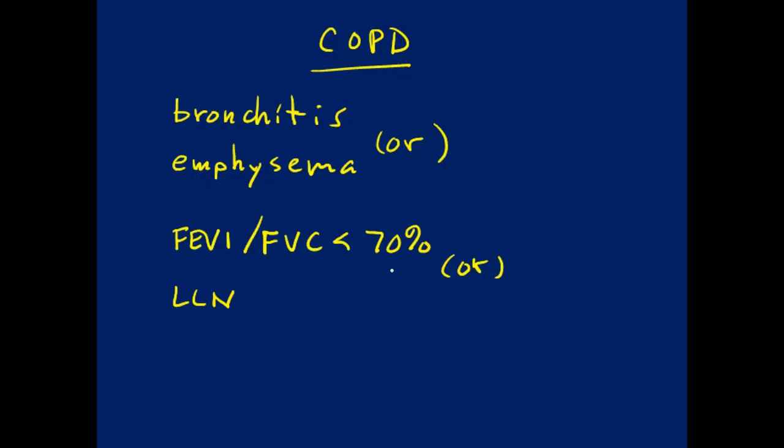But if they had an FEV1 to FVC ratio less than 70%, or they were within the lower limit of normal for their age range, they were sent for a second spirometry test in the NHANES protocol.